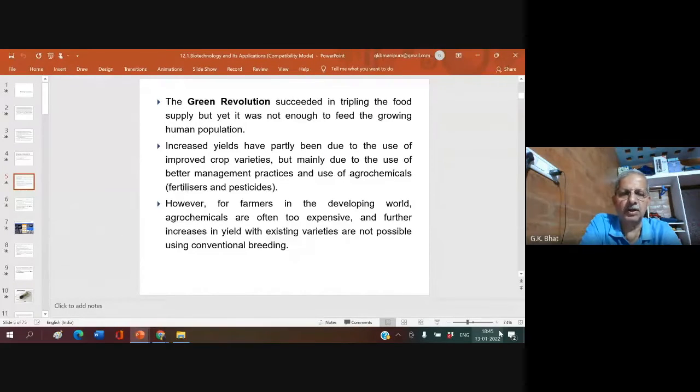Spending a lot of money on fertilizers and pesticides and getting very little yield is too expensive, and further increases in yield with existing varieties are not possible using conventional breeding. So what has to be done?